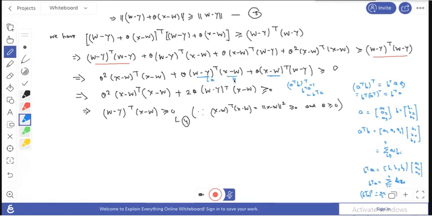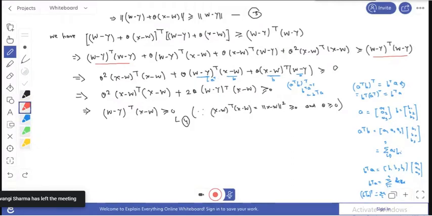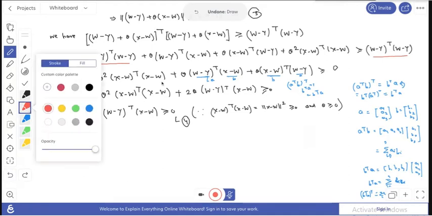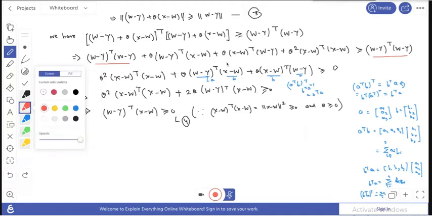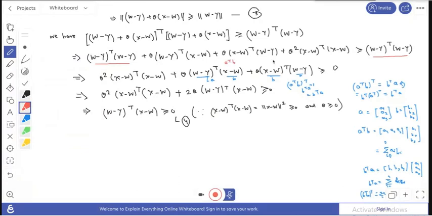Okay, because this is A, this is B, this is A transpose B, and this becomes your B transpose, and this is your A. So you get here A transpose B, and this term is B transpose A transpose transpose, that is B transpose A. So that's why both terms are the same. Since the terms are the same, we take two times that.